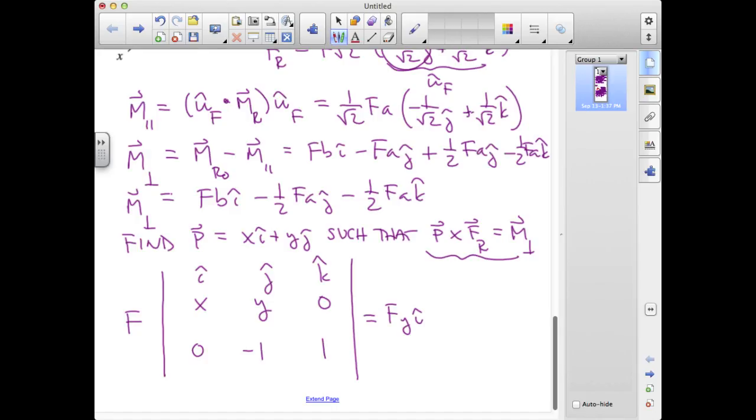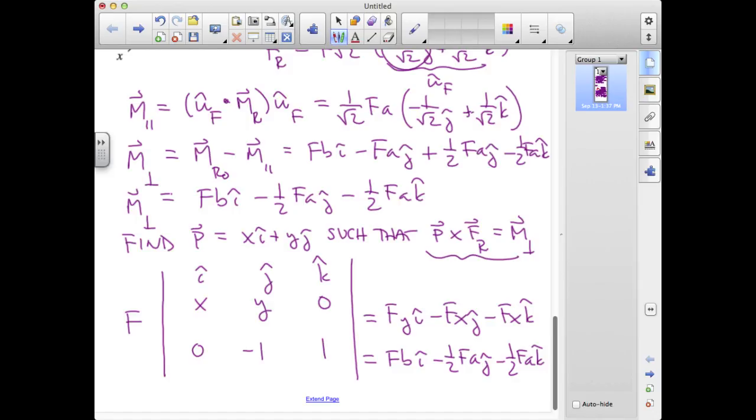And in the minus J direction, I'm going to have X minus 0. So I'm going to have minus Fx in J. And then in the K direction, I'm also going to have a minus X minus 0. So I have minus Fx in K. That's the left-hand side. And then that has to match the right-hand side, which is M perp, which we found to be equal to FB in the I direction minus 1/2 FA in J and minus 1/2 FA in K.